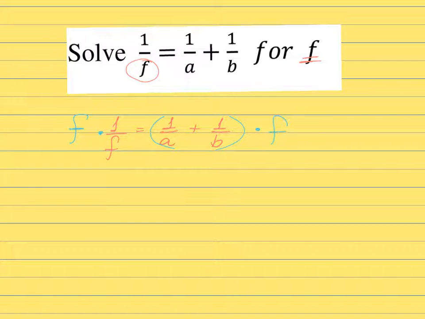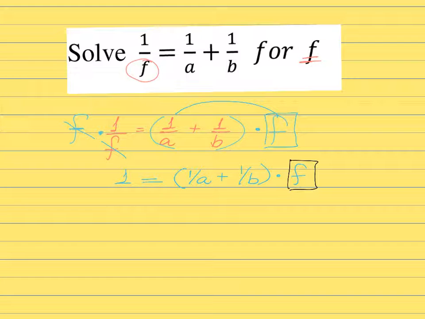Okay? Rewriting my expression, these two cancel. So now you have 1, which is equal. No, I'm not gonna apply the distributive property. I'm gonna leave it like that because I have to isolate this variable. So I'm gonna leave that by itself. 1 over A plus 1 over B multiplied by F. Remember that you have to isolate F. And what is the term that is affecting F?